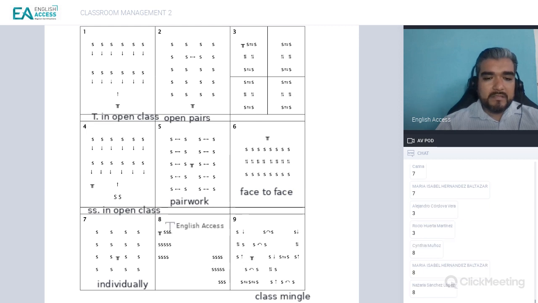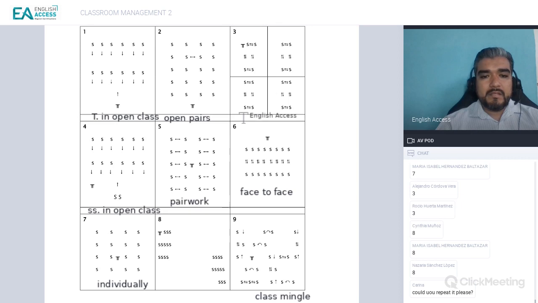Yeah, no, because they say not in front of the whole class. It would be this one, the number 3. It is group work. They work in small groups, but not in front of the whole class.